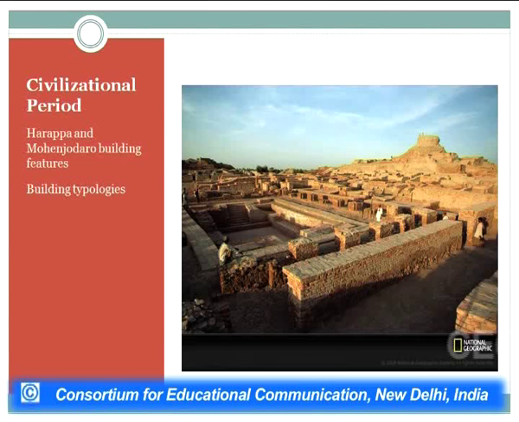They are of uniform size across the civilizational stretch, which is very important. It shows there must have been some regulated manufacturing of these bricks, the basic building blocks of Harappan architectural structures.